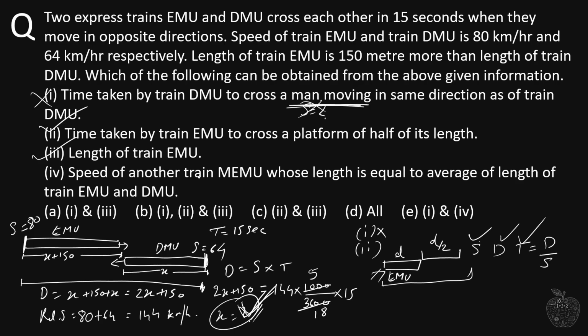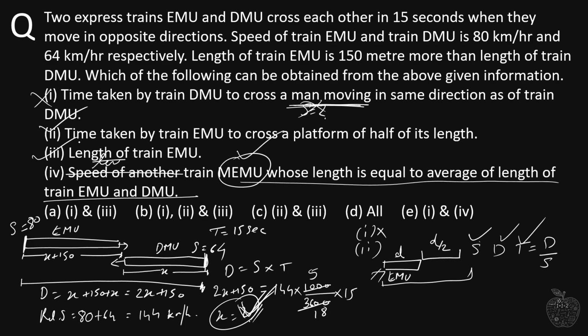The speed of another train. We cannot calculate this. We could calculate the length, because it is equal to the average of the lengths of train EMU and DMU. We know the length of EMU and the length of DMU, so we can calculate the length of this train, but we cannot calculate its speed, because we are not given anything in reference.